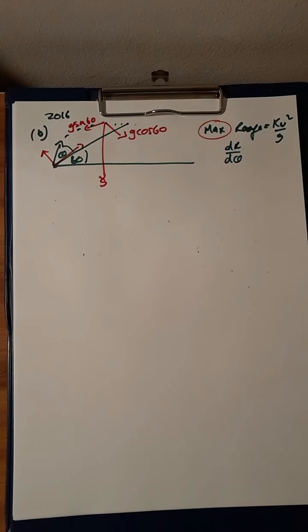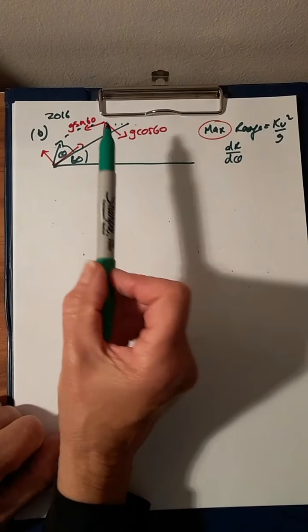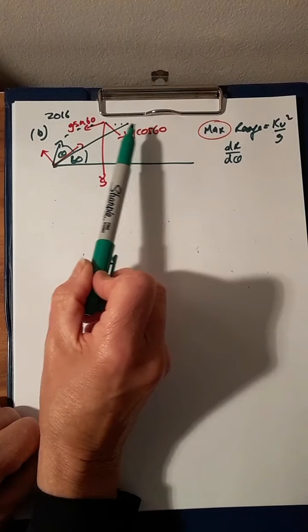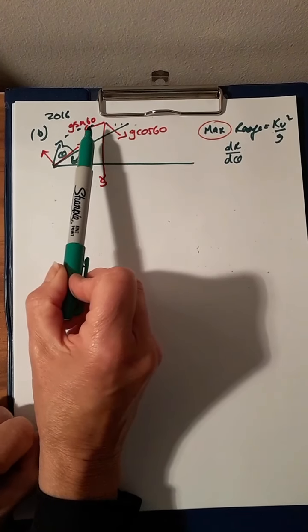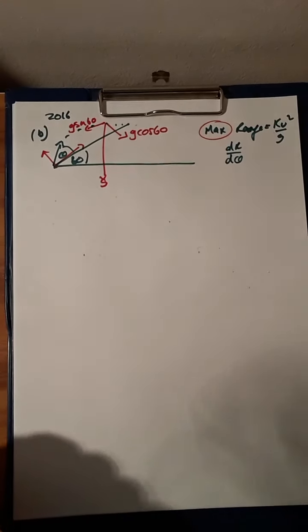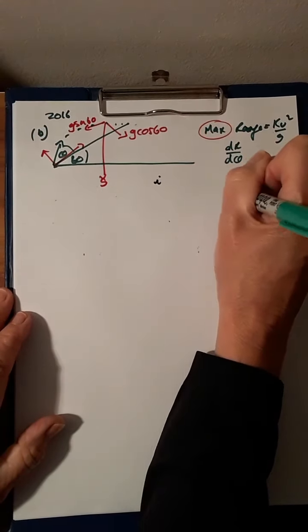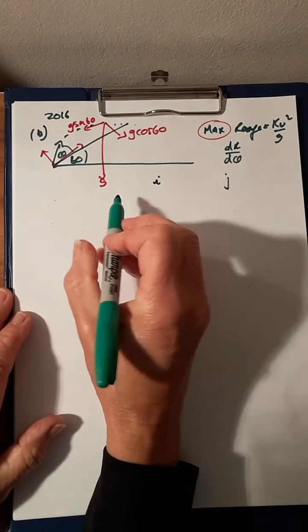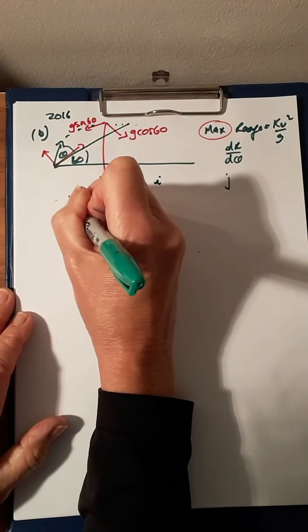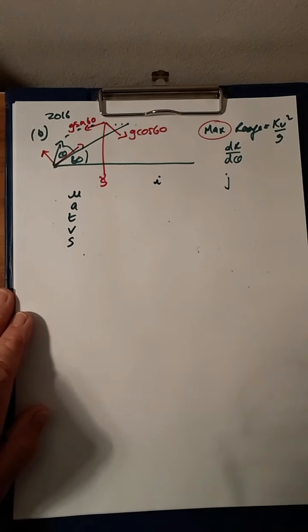Okay, so first things first, we'll draw up the table. So I have all my relevant information in here. G, I'm selecting its two components, and theta, I'm selecting its two components. They're the two vectors that I have to work out. So I've got I and J. Now, I'm going to get U, A, T, V, and S for both of those components.